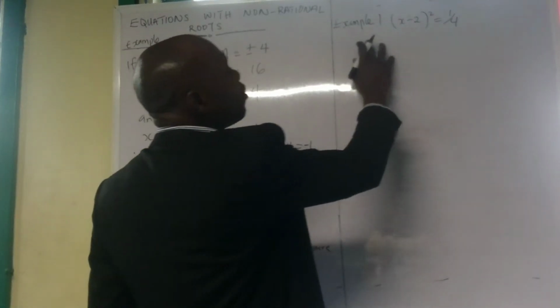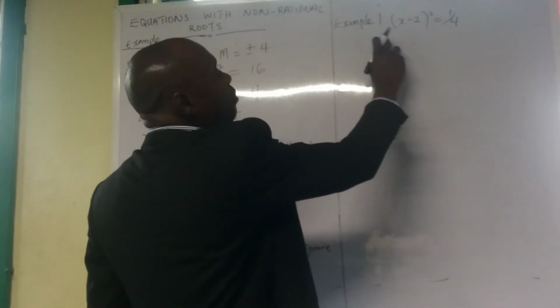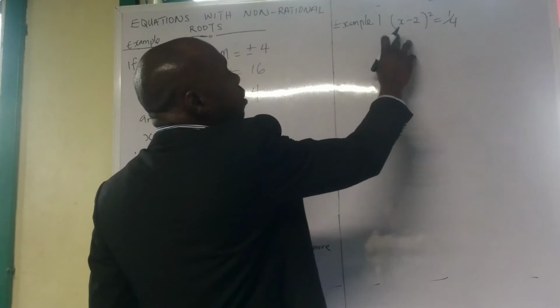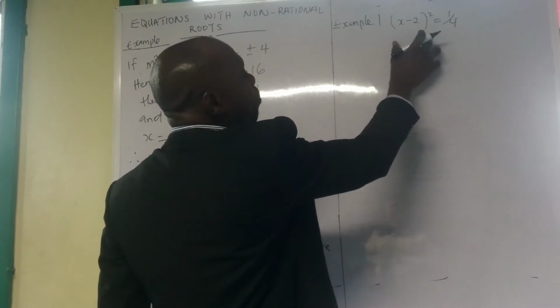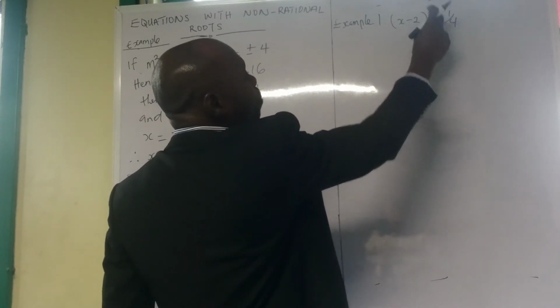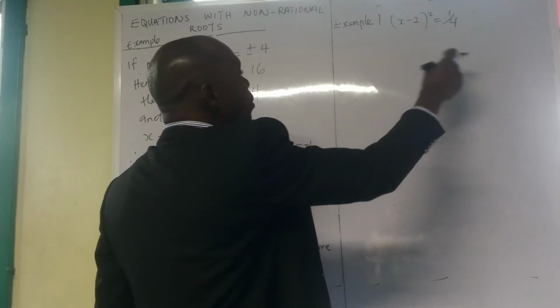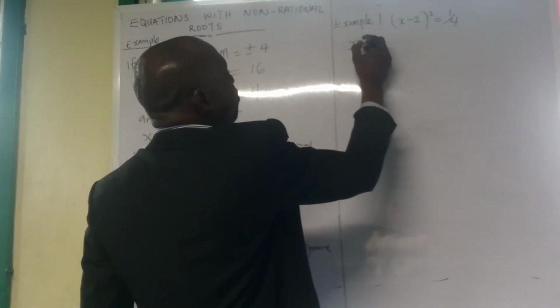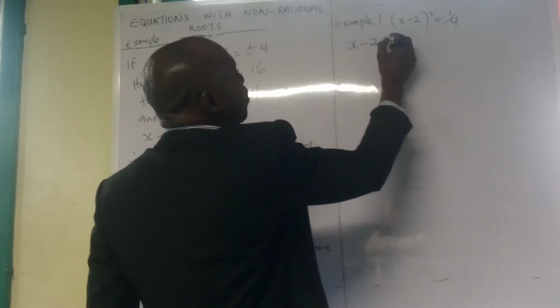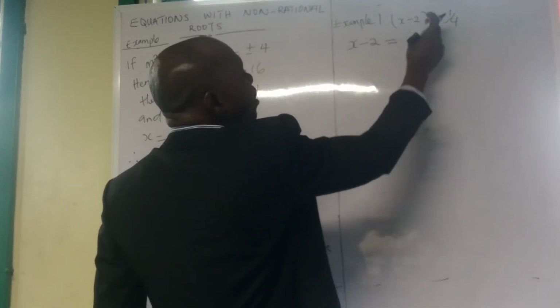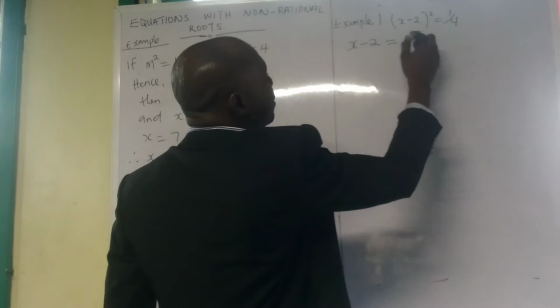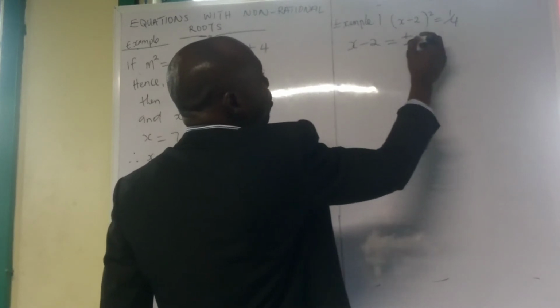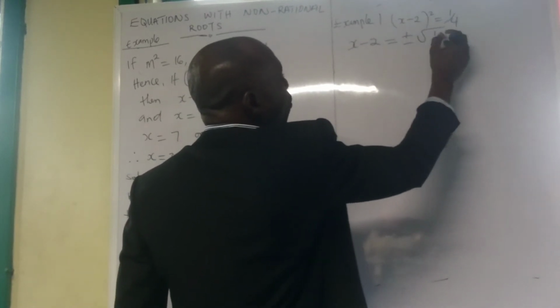From what we have on the chalkboard here, example 1: (x minus 2) raised to power 2 equals 1 over 4. So from here, we say x minus 2 equals plus or minus square root of 1 over 4, once we take the raised to power to this side.